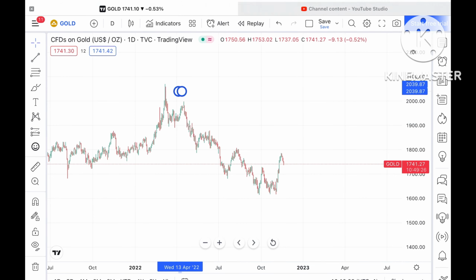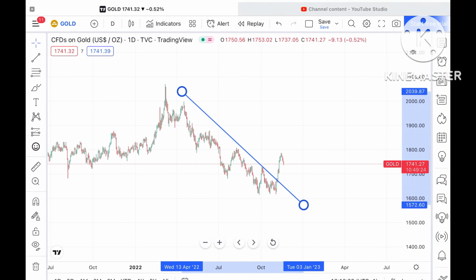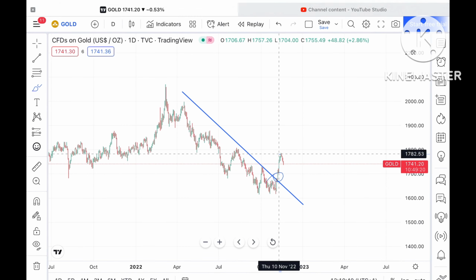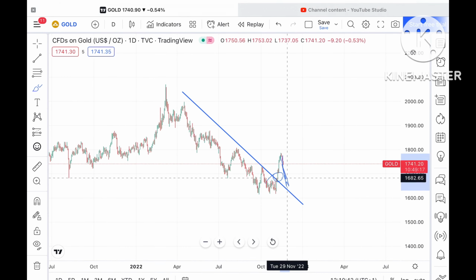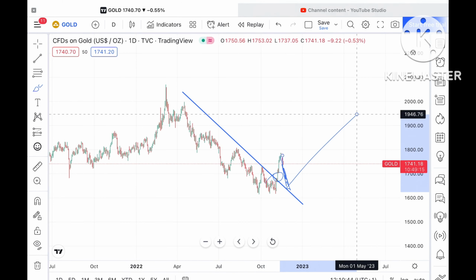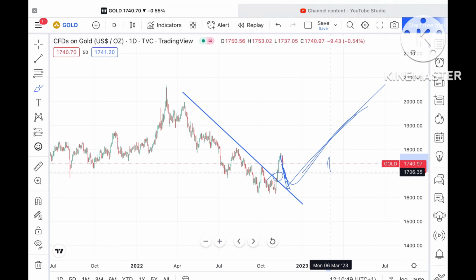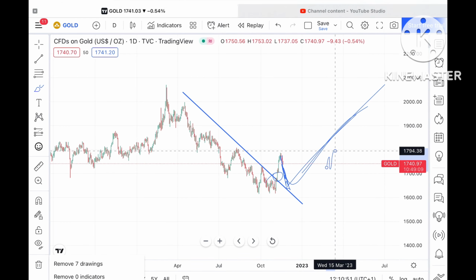I'll show you the trend line where you can see that this is the trend line forming. This is the support where, if the gold price comes close to this level, we can see a bounce back from this particular level, and then if it bounces back again, a probability of moving further upside will be there.